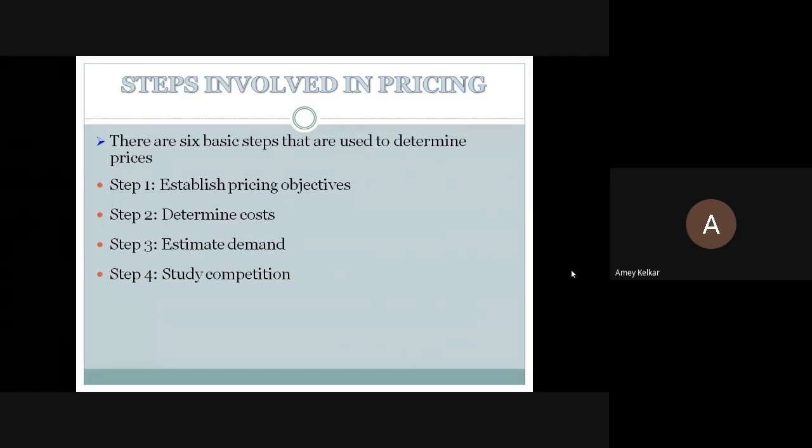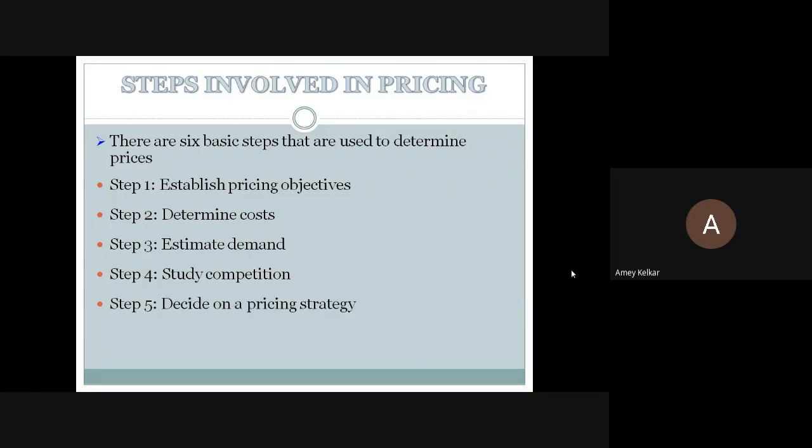What were your strategies because of which you were not able to get a tender in previous cases? All this study has to be done. There will be a separate tendering department in a big construction company, which will take care of many things in this. So studying the competition is a very, very important thing before you fix the prices.